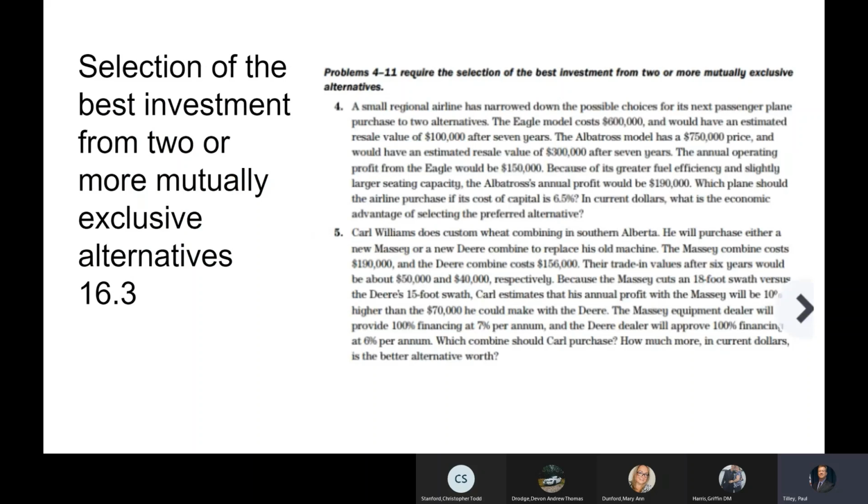So there's our expenses. Because Massey cuts an 18-foot swath versus a 15-foot swath for the Deere, Carl estimates that the annual profit for Massey will be 10% higher. Well, the Deere is going to make $70,000 in profit, so 10% higher is $77,000. So the Massey is going to generate $77,000 a year in profit for 6 years. So that's an annuity.